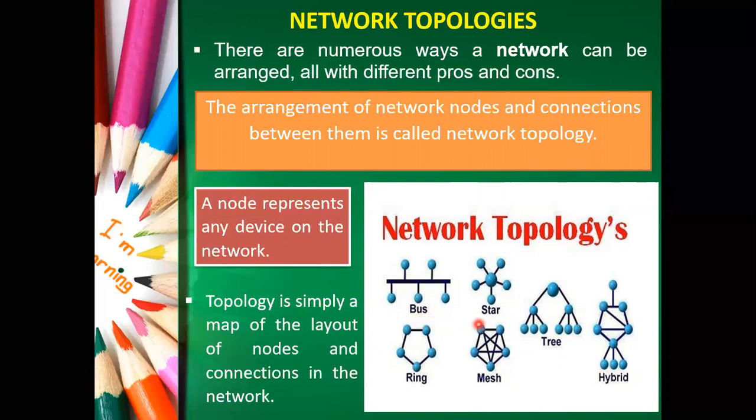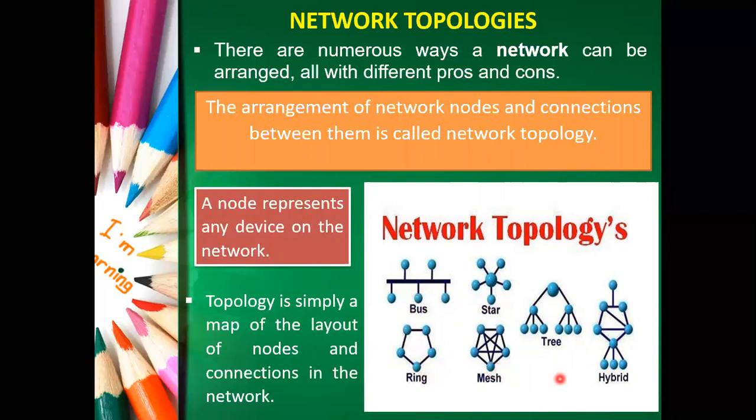Computers or nodes can be arranged in the form of star, or in the form of ring, and one of the types of topology is mesh topology, and one is tree. Mostly topologies जो हैं वो नाम से आपको समझ आ रही होंगी कि वो देखने में कैसी होती होंगी. Mesh topology is a different term, और ये किस तरह की होती है ये हम डिस्कस करेंगे.